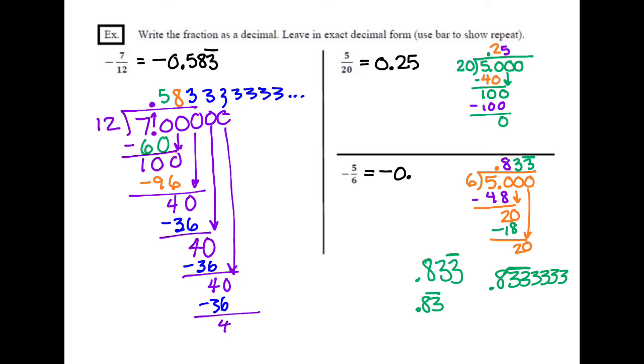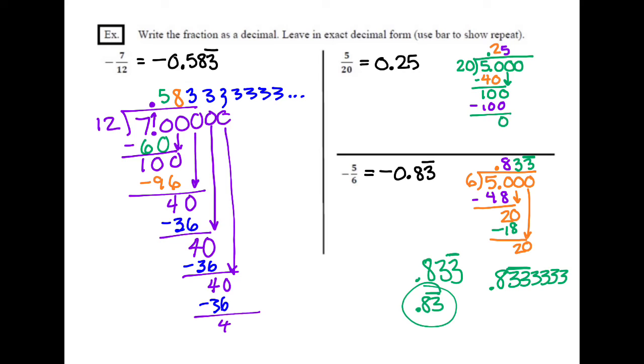I'm not exactly sure. I haven't tried typing them in different ways to see if they like them. The most often used version is putting the repeat line over the first number that repeats. Okay, so no extra numbers, basically, is what they're saying.